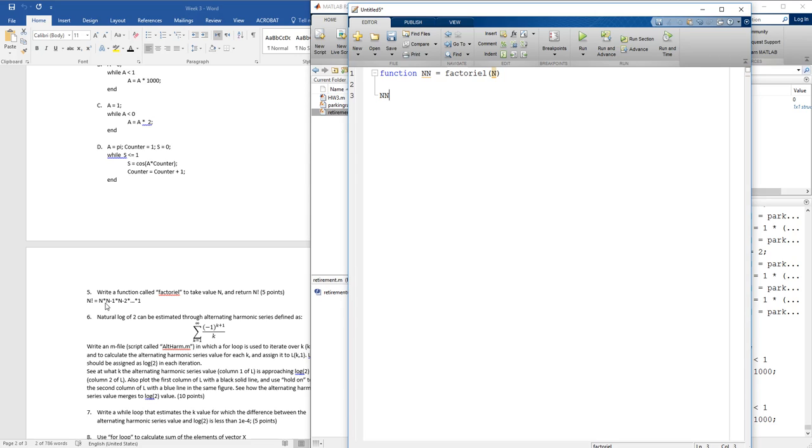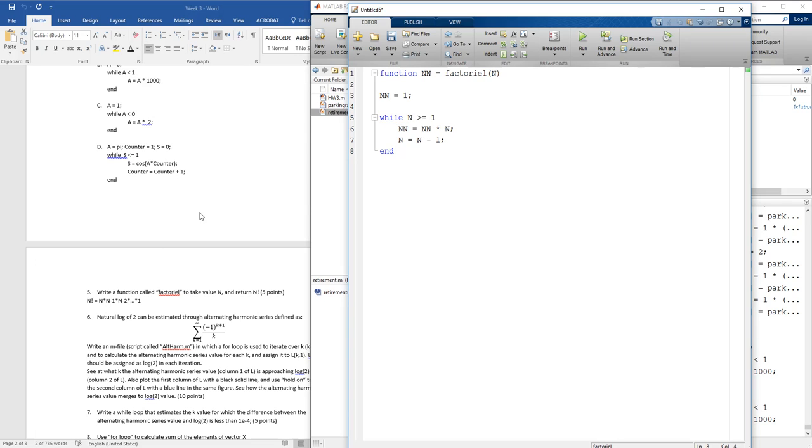So nn, the starting point is 1, while n is more than or equal to 1. So while n is more than or equal to 1, we keep doing this, and you'll see how this will pan out. nn times n, and n is equal to n minus 1.